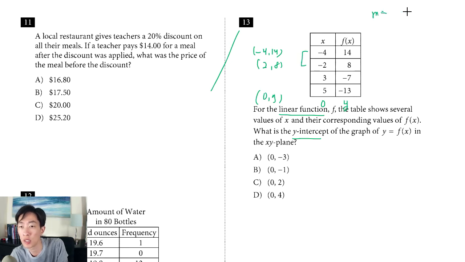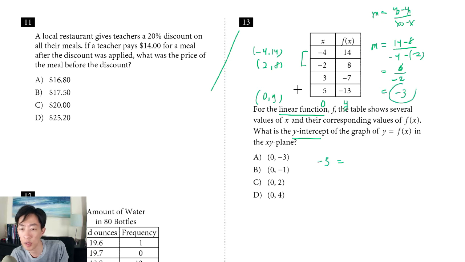Slope we know is y2 minus y1, change in y over change in x, x2 minus x1. So let's do it. So we've got 14 minus 8 divided by -4 minus -2. So that becomes 6 over -4 minus -2 is plus 2, -2, and that becomes -3.